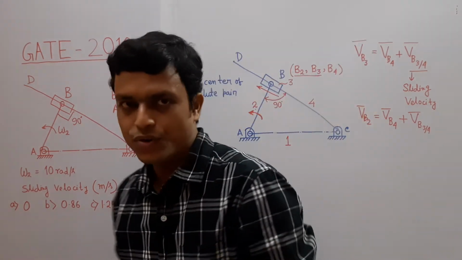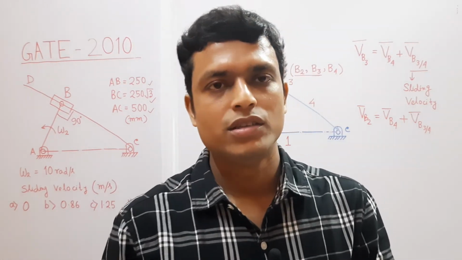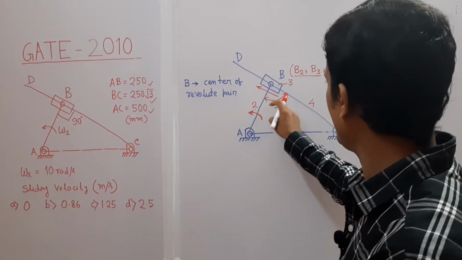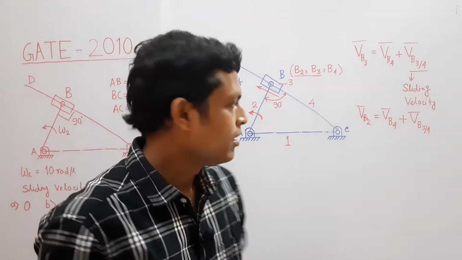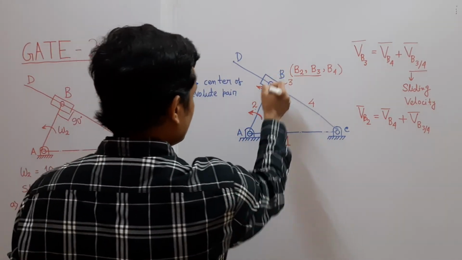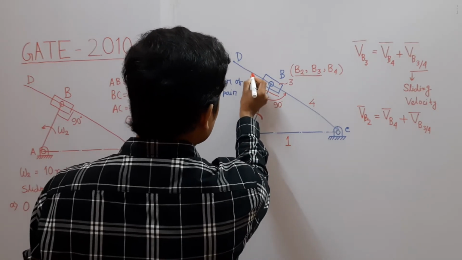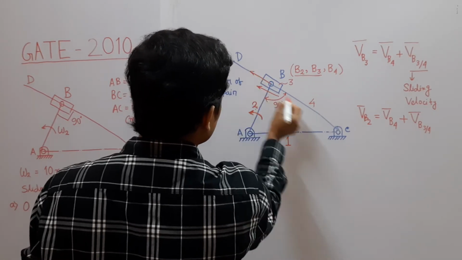Now, what is V2? V2 is the velocity of link 2 at point B, which will be perpendicular to AB, perpendicular to link 2, so that is along the direction of CD.